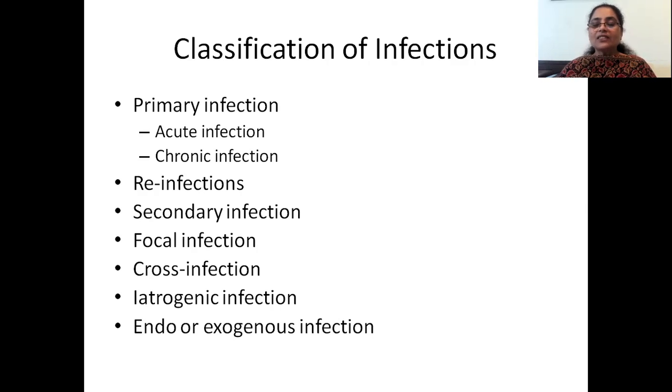Second category of infection can be reinfections. In reinfection, a primary infection has happened: the microorganism was introduced for the first time to immune cells, then it was cleared and the host recovered.